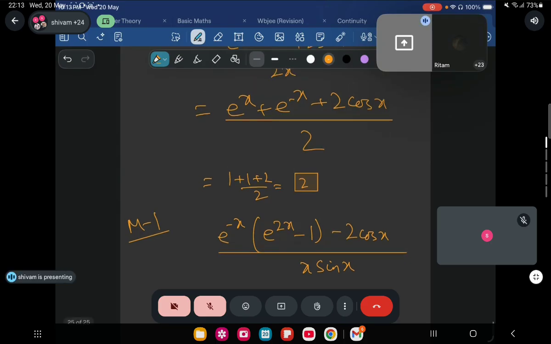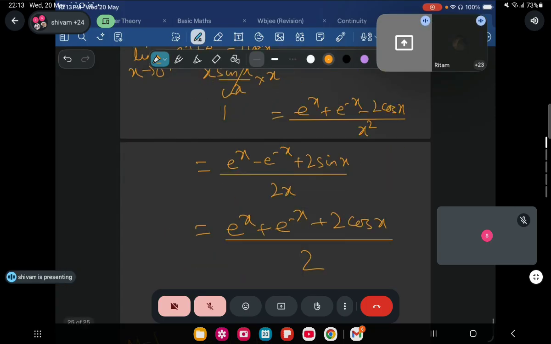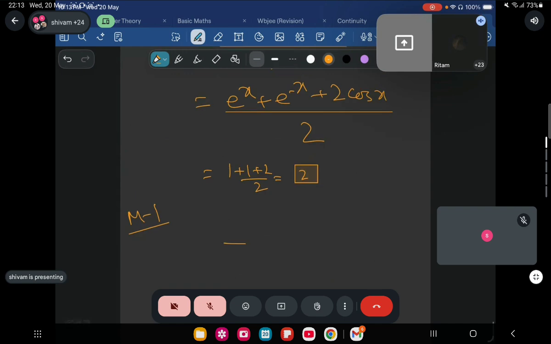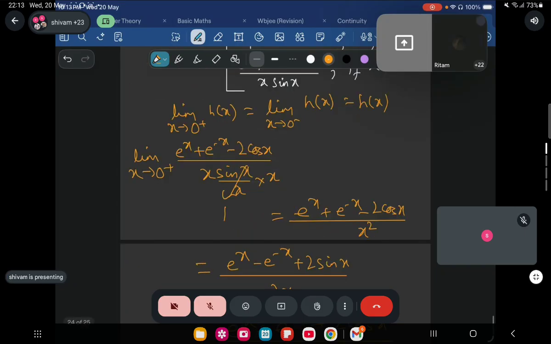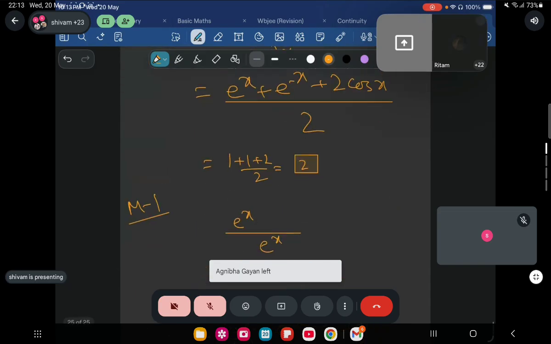You took LCM. Okay, let us try it by your method. I just thought of it. e to the power x, then e to the power x, it's actually e to the power 2x plus 1.